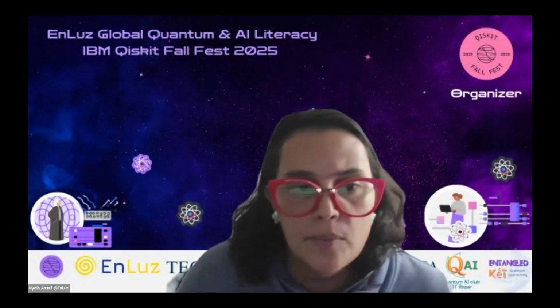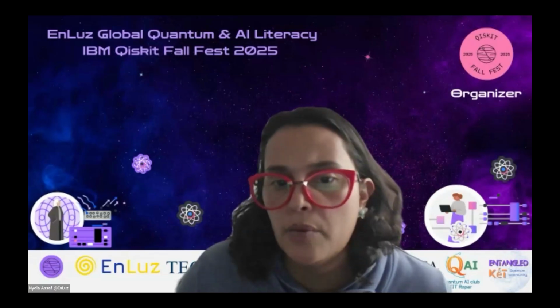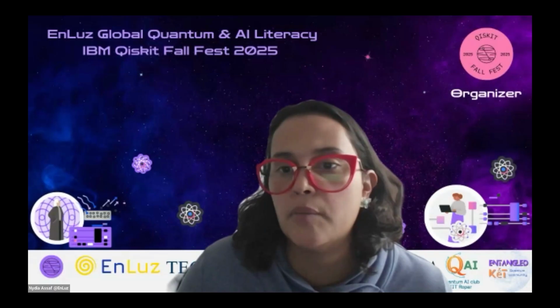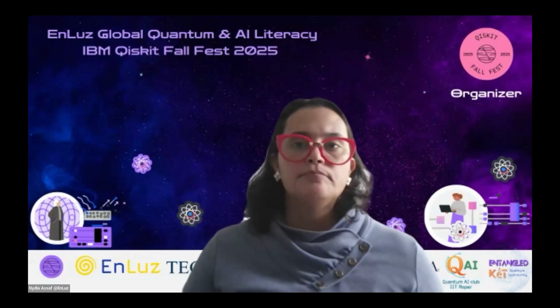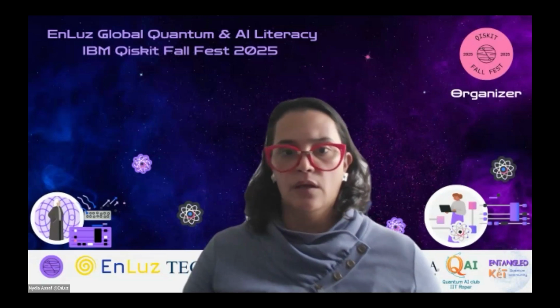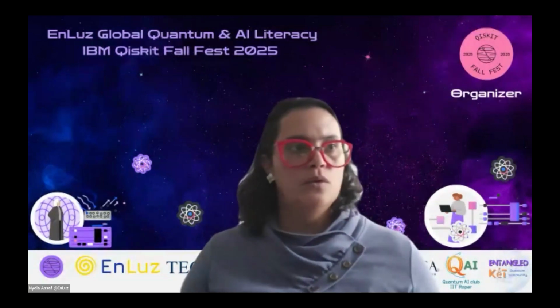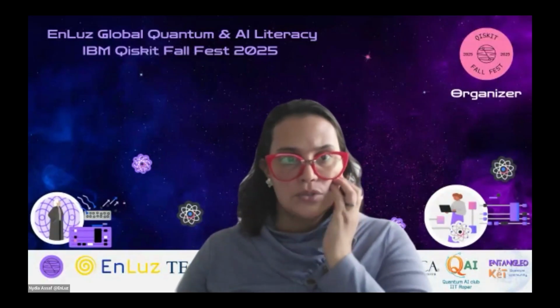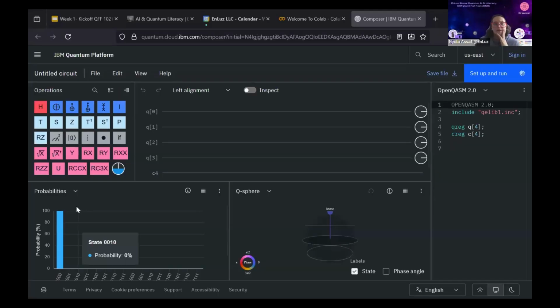And while I get Sue Dickens queued up, I would like to show you what the composer is and why I keep talking about it. Okay, so Dickon, if you can get off mute so I can start introducing you shortly. Okay, so this is the composer.